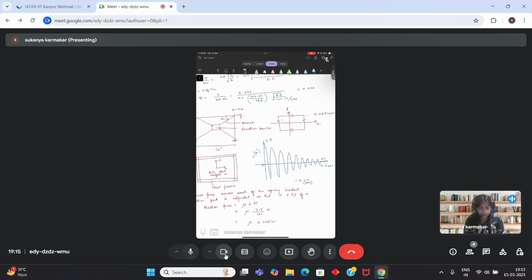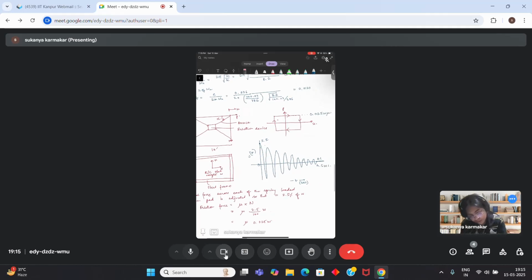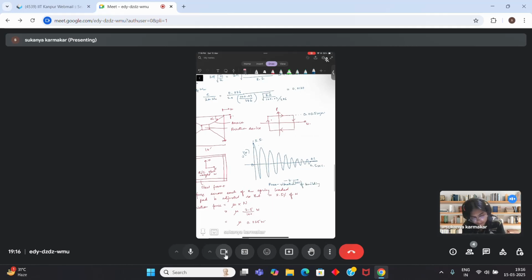This record is given. This is a record of this building. It is free vibration along x-axis. So this diagram shows free vibration of building along x-axis. You have to determine the effective coefficient of friction.